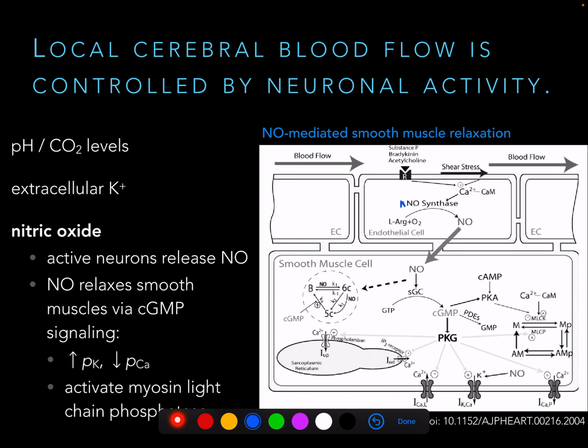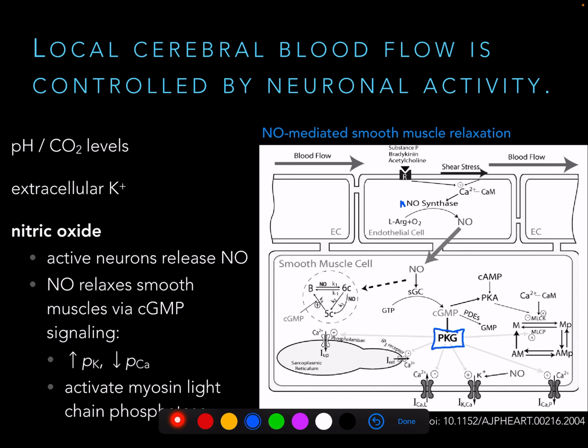So what nitric oxide does is stimulate this soluble guanylyl cyclase. It's kind of like adenylyl cyclase, but it doesn't make cyclic AMP. It makes cyclic GMP. Okay, then what happens? Well, we turn on protein kinase G. This is the central star here.